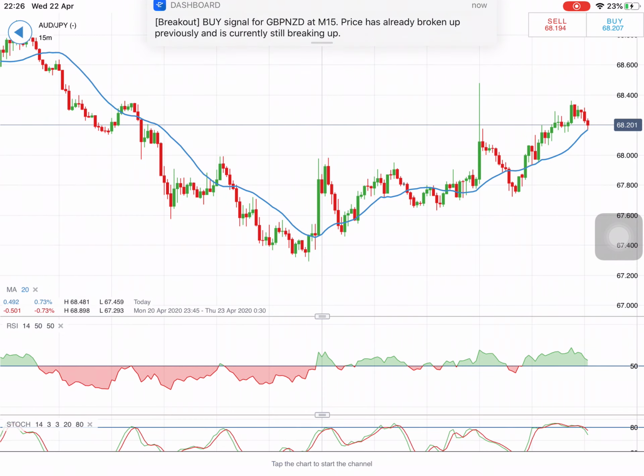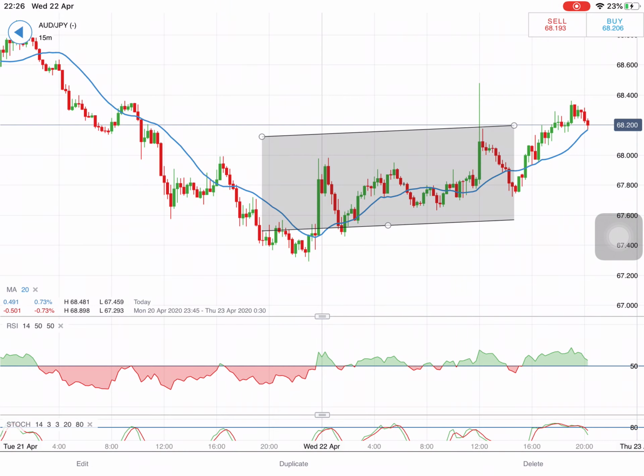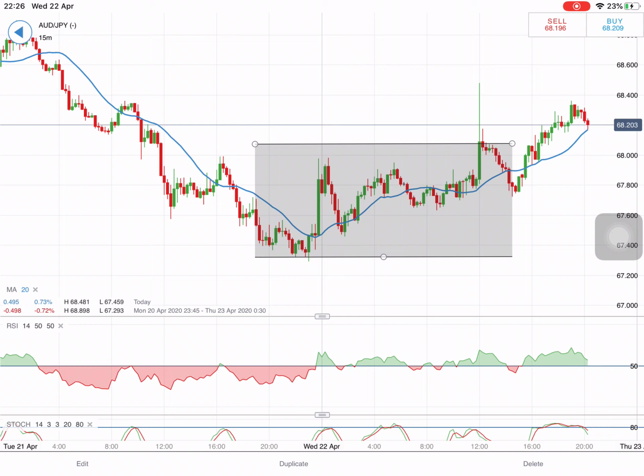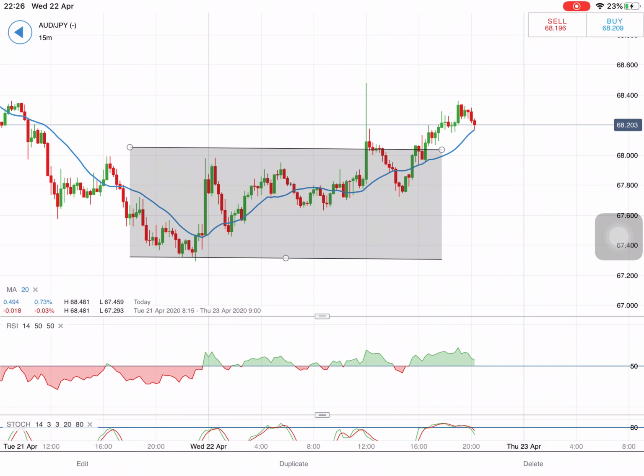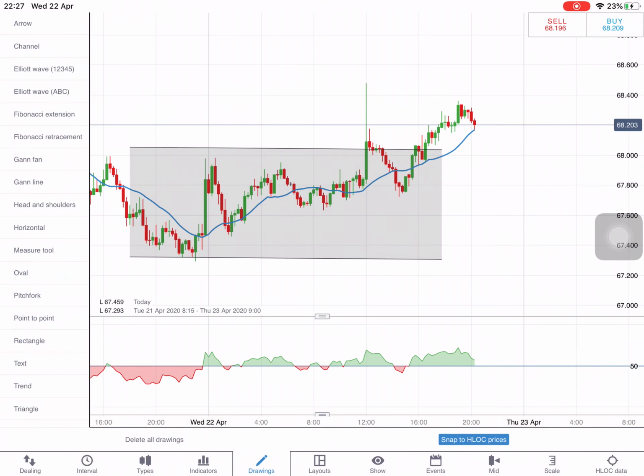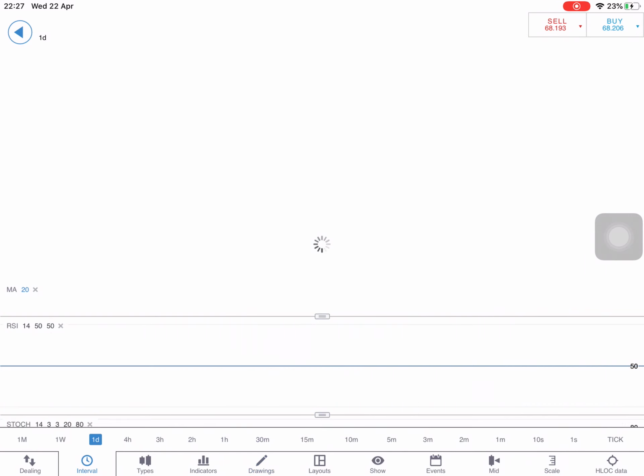If we just draw a quick channel here, if we had that marked out a couple hours ago, we would have seen now that price broke out of this channel. So now we wait and we sit at this level. Okay.